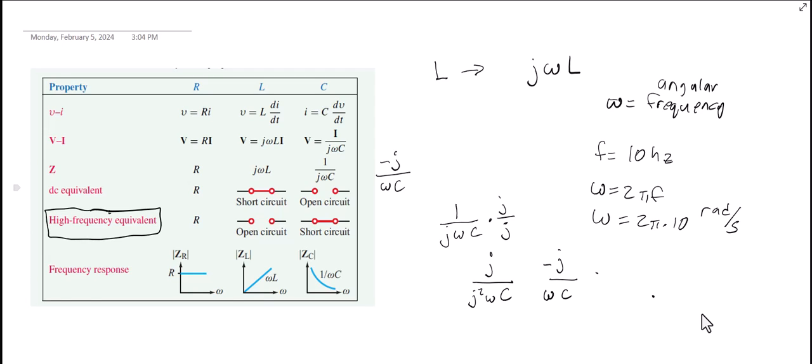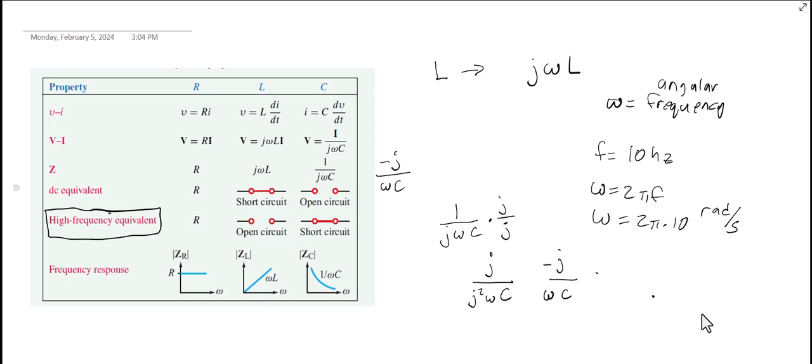For a resistor, the resistance is always just the resistance. So the resistor is just constant. It doesn't matter what the frequency is. But if you have an inductor, it's proportional to the frequency. So as the frequency gets bigger, the impedance gets bigger for an inductor.